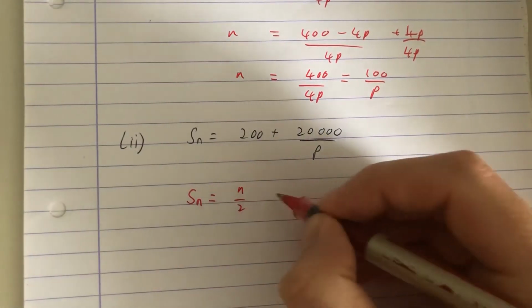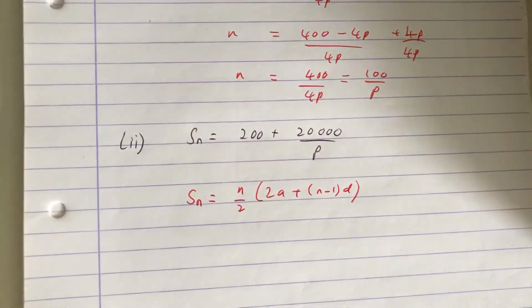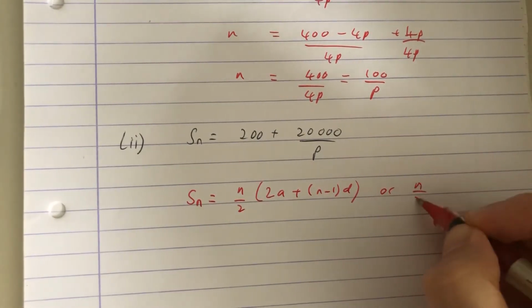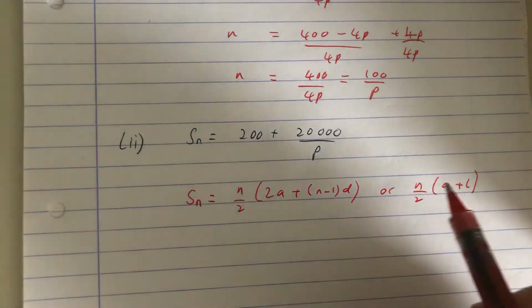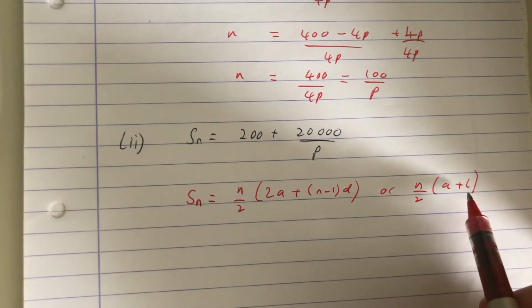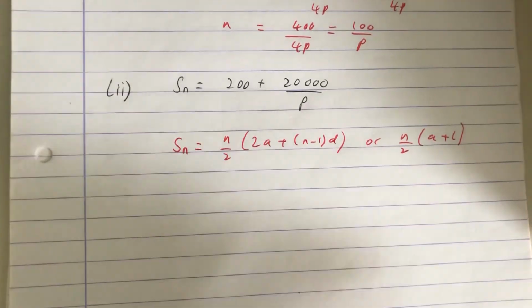It's either this one, which is the one which is used 90% of the time, or it is this one. And the difference between these two is this one includes the last term. We don't really ever know the last term, but they've given us the last term in this series. So I think I'm going to use the second one.